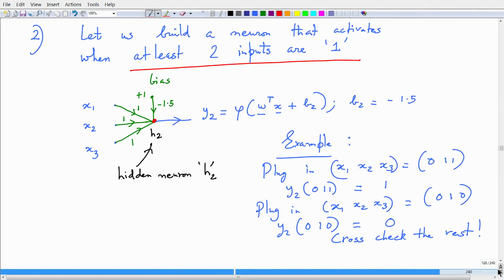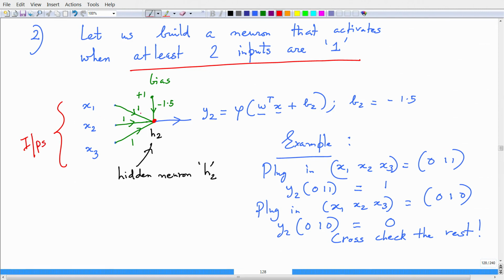Now, let us see how we can adjust the bias. This is very important. The weights are the same, but if I can control the bias in a clever way, I can make this neuron respond to what it is supposed to do, right. In this case, we have to make it respond to more than 2 inputs being 1, which is greater than or equal to 2 inputs. Okay. Now, let us see this signal flow graph here. We have x1, x2 and x3, these are my inputs like earlier.